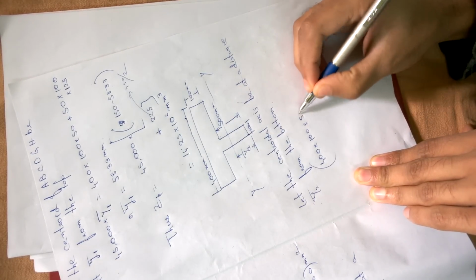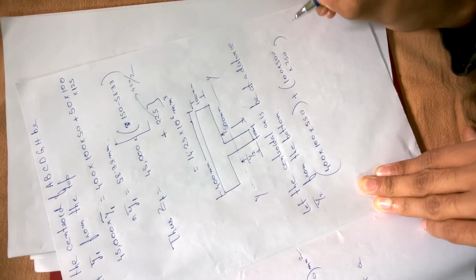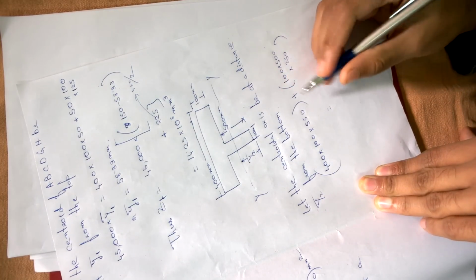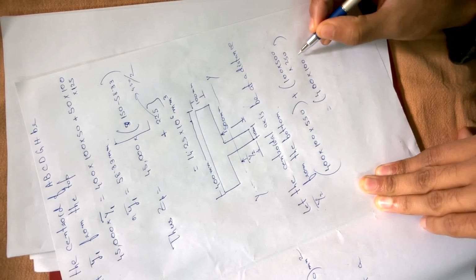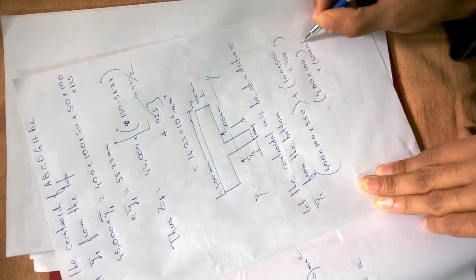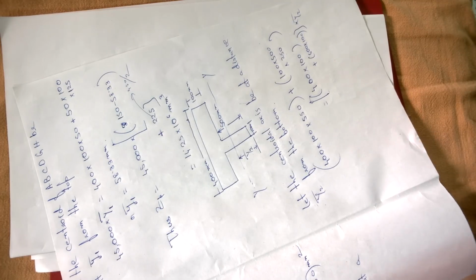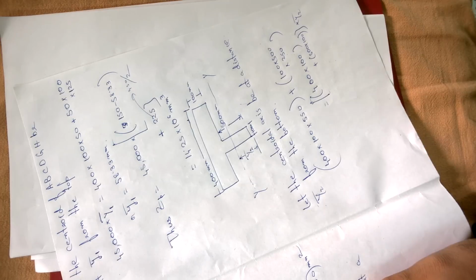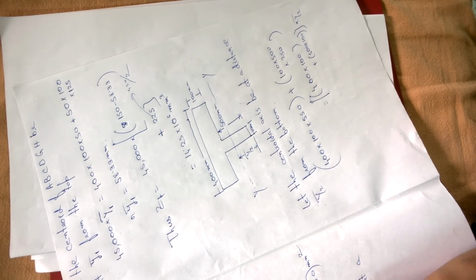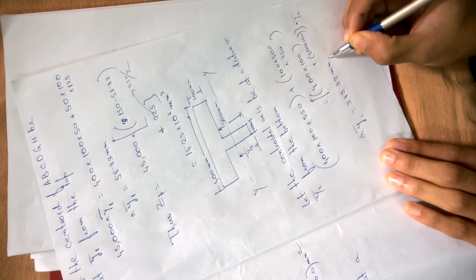So it's 550 plus 100 into 500 into 250 equals 400 into 100 plus 500 into 100 into y2 bar. Or y2 bar comes out to be 383.33 mm.